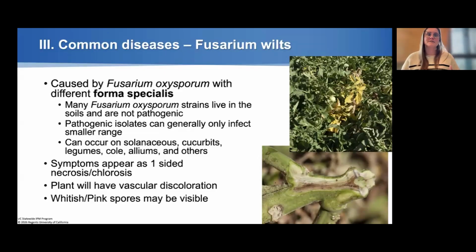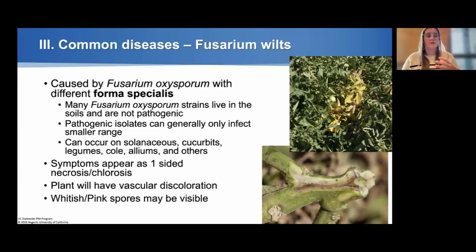But when we find plants that are infected and we isolate that strain, those strains of Fusarium generally can only infect a very small range of plants. So the strains that do infect our plants can only infect very small ranges of host species when they're able to infect.